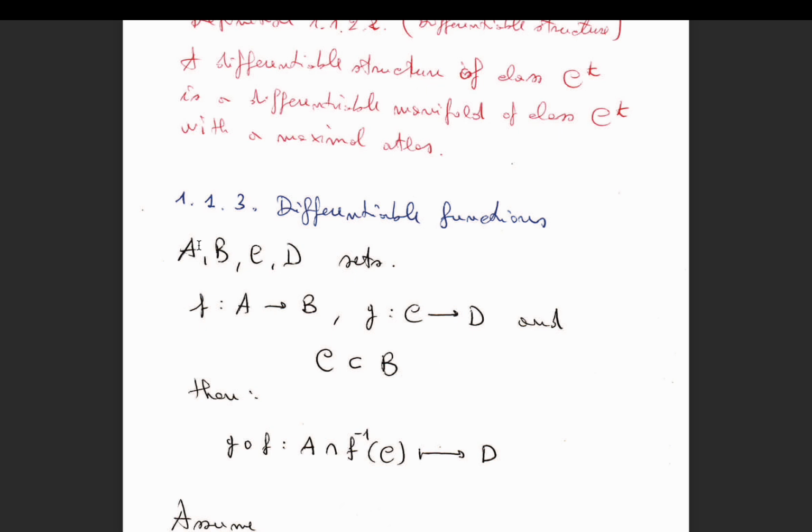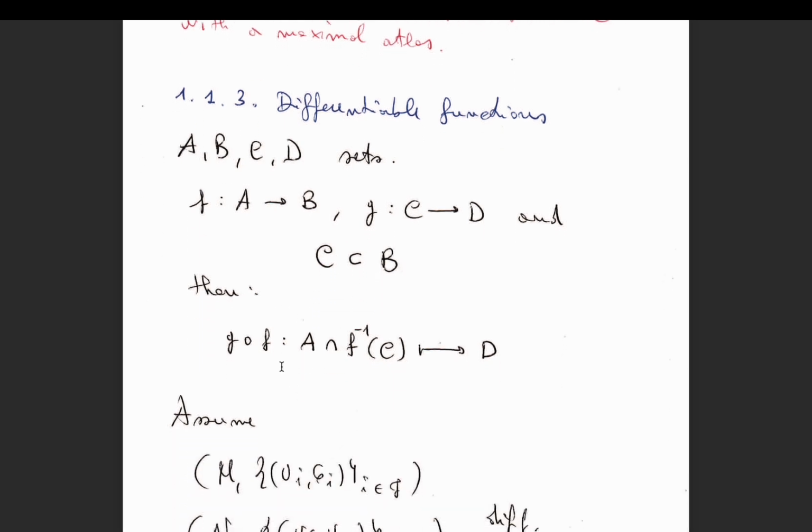Consider four spaces A, B, C, and D, with F, which goes from A to B, and G, which goes from C to D, but C is contained in B. Then the composition G composite F is a map which goes from A intersecting F^{-1} of C into D. This is the composition. So we must be careful about the domain of definition of the composition map.